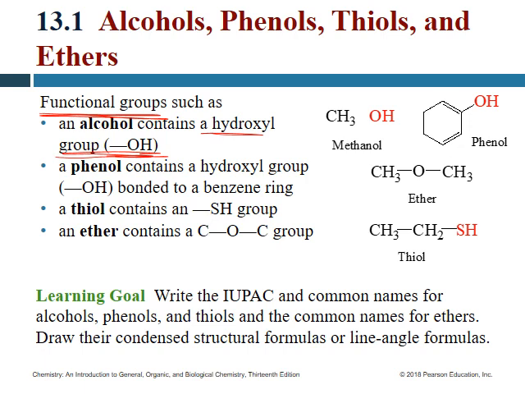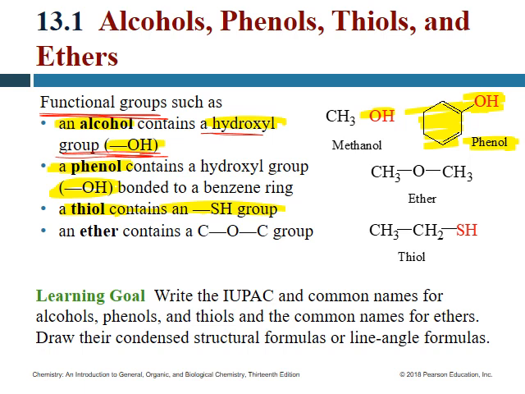So the first functional group is an alcohol. It always consists of a hydroxy group. As long as there is a hydroxy group on an organic compound, it is an example of an alcohol. The next group is phenol. We already saw what phenol was. When we have a benzene ring with a hydroxy group attached to it, it is called phenol. Next is thiol. Thiol consists of an SH group.